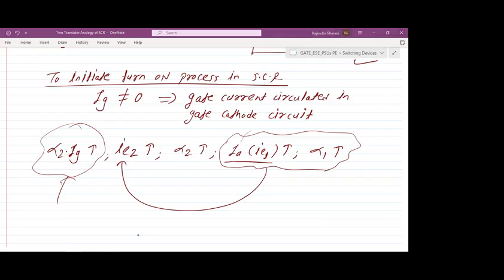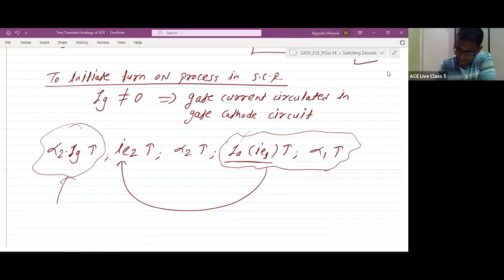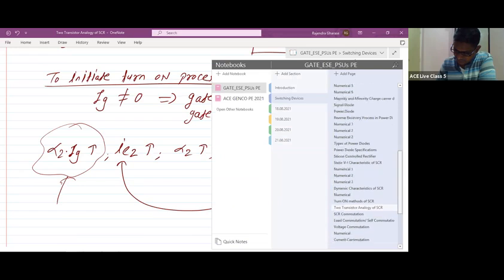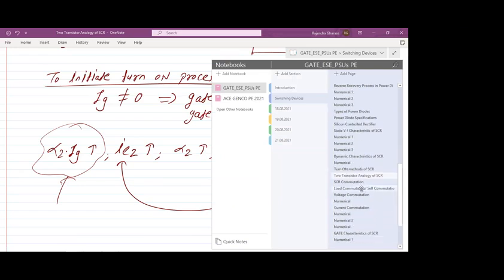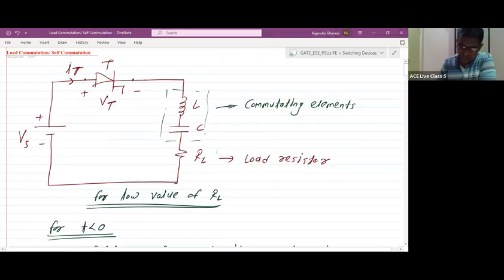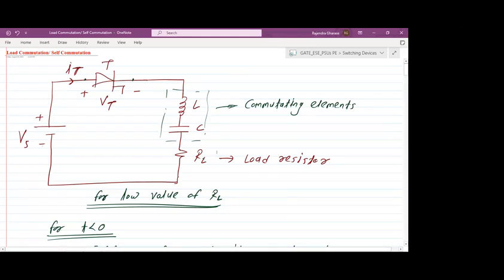Sir, in a commutation circuit, why have we taken the resistance value low? This commutation circuit is used for either a low value of R_L or a high value of R_L. In this we have taken low.